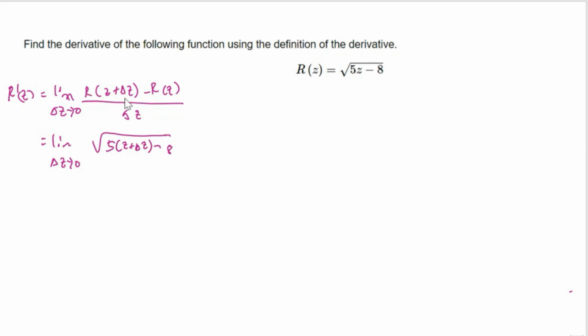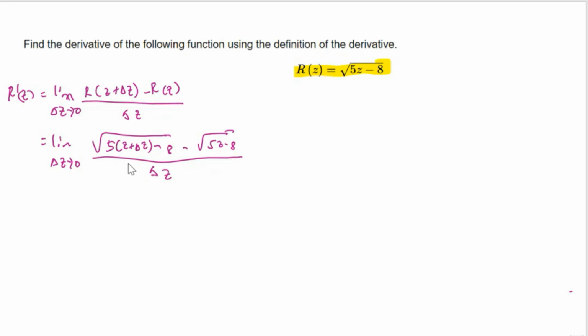So we are done with the first term of the numerator. Minus the second term, which is r of z, which is actually this one. So we replace it now by minus the square root of 5z minus 8, all over delta z, as delta z approaches 0.